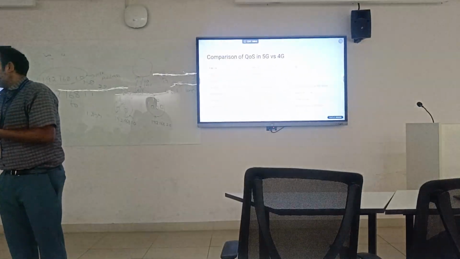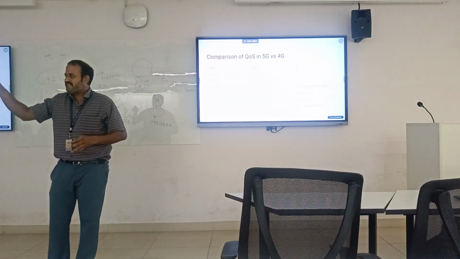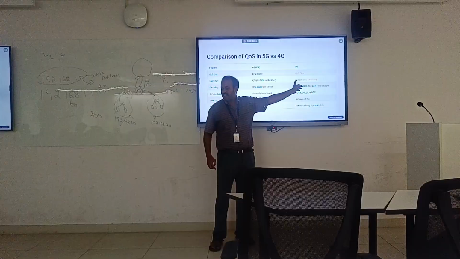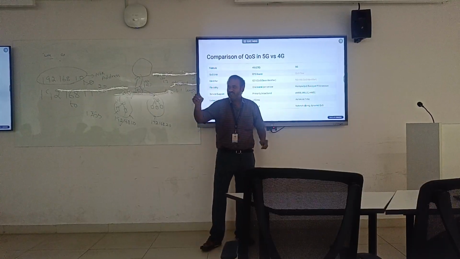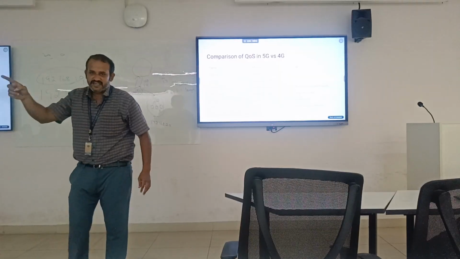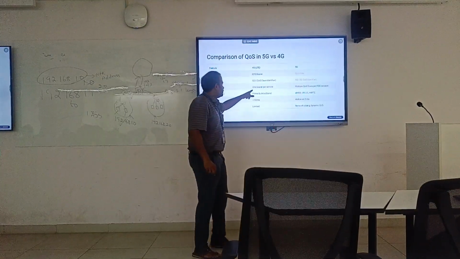If it is 3, your live video stream will be focused. So 5 is your 5G, Q is your quality, I is your identifier. Right. Okay.